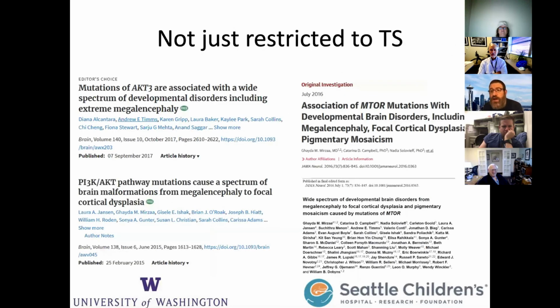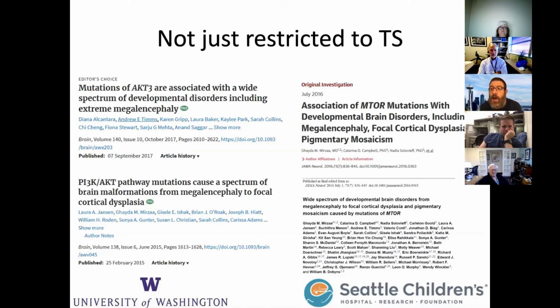But due to some really great work that's been done at Children's and elsewhere by my colleagues in genetics, by Jeff Ogeman, Greta Mirza, Bill Dobbins, it turns out that mTOR overactivation is not just restricted to tuberous sclerosis.